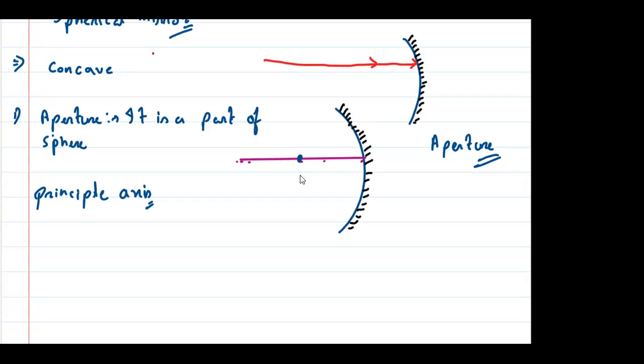This point is called the center, and the distance between the center and this circle is called your radius. I'm using the concept of maths that we have already studied. So the principal axis is the straight line which joins the center with the mirror. Then we have the center.